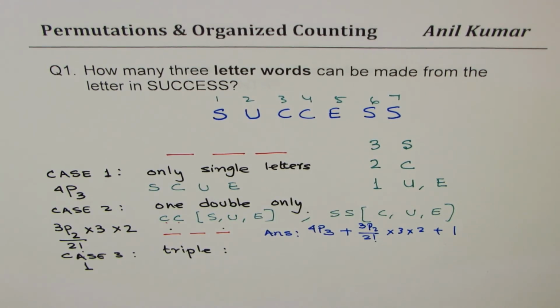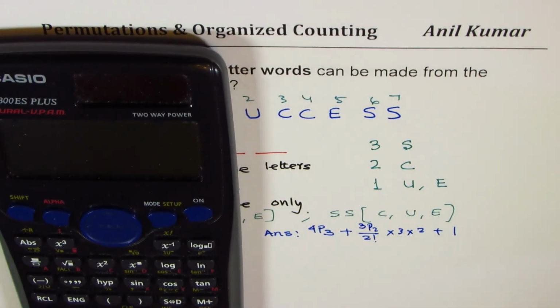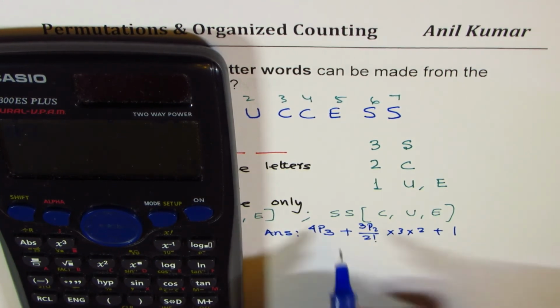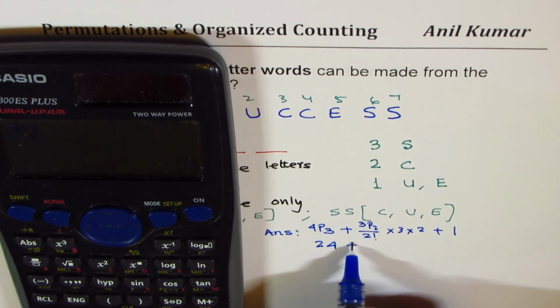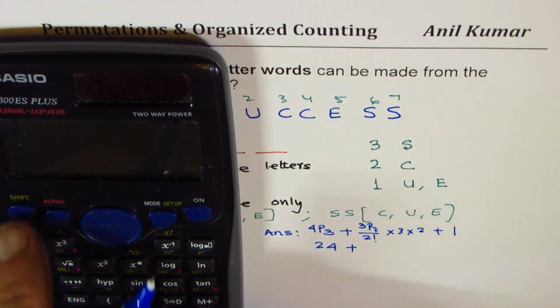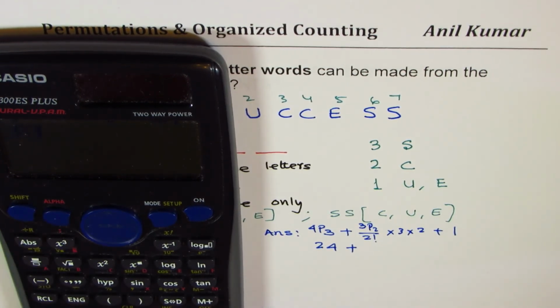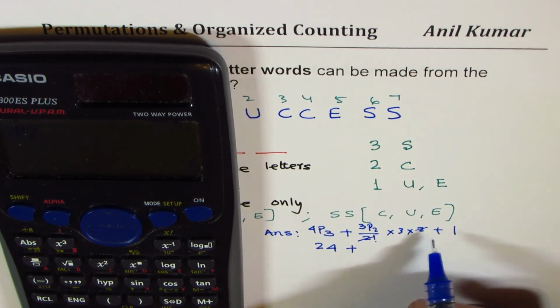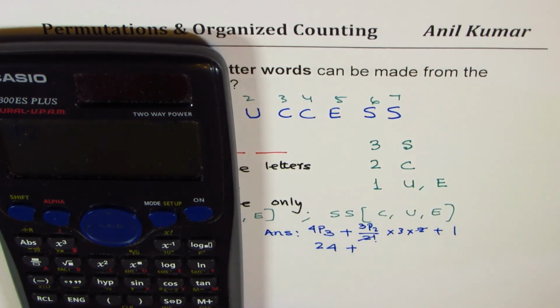Let's calculate and write down the answer. So we have 4P3, which is 24, plus 3P2 divided by 2 factorial, where the 2 factorial and 2 factorial get cancelled. We'll just multiply 6 by 3.